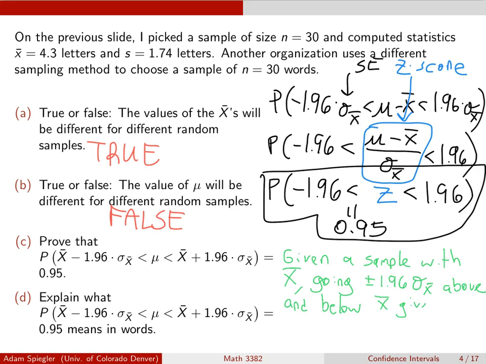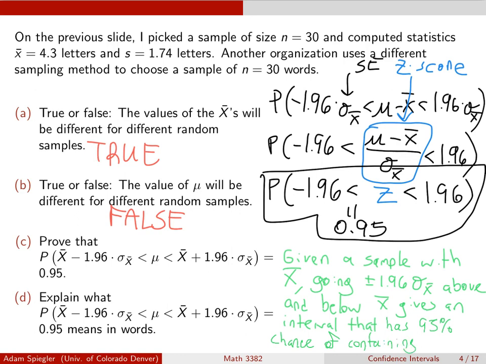And what we can see from this probability is that interval of values has a 95% chance of successfully containing the value of mu, which is the parameter we were trying to estimate.